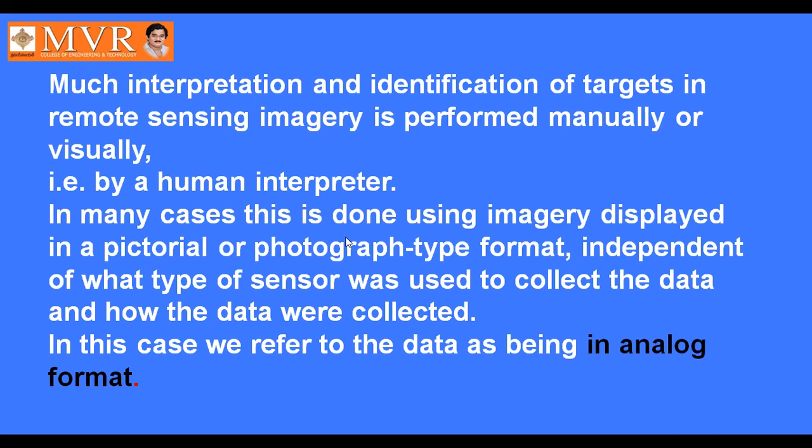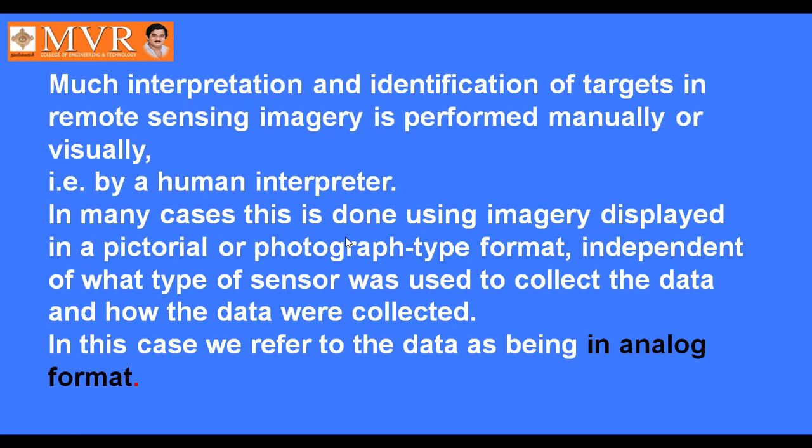Analog format means this is the photographic film only. When visually seeing the analog image, you get the features on the image, but you could not get much information from that analog image.